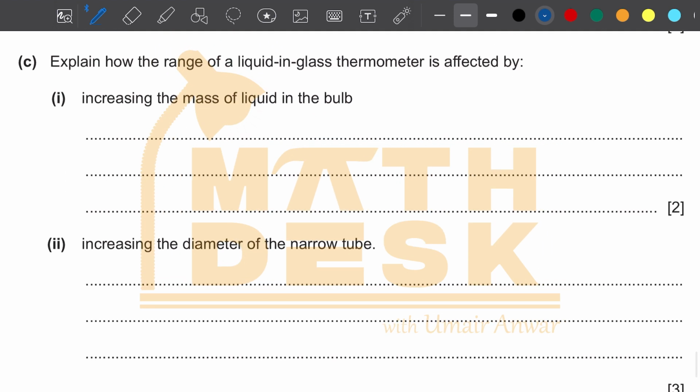The next part says explain how the range of a liquid in glass thermometer is affected by increasing the mass of liquid in a bulb.